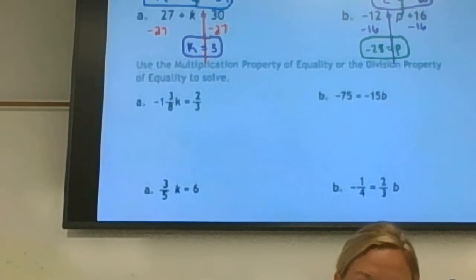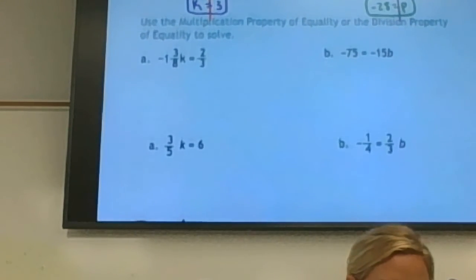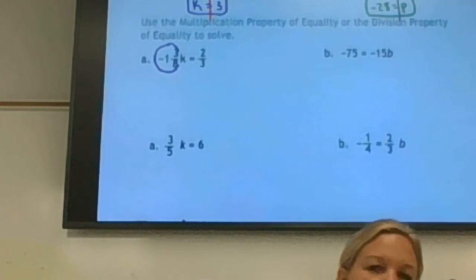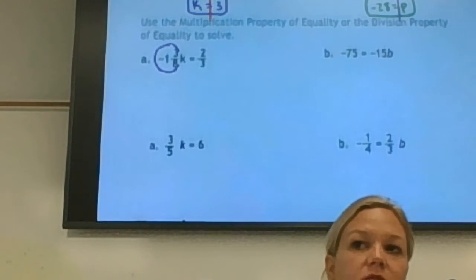Yeah, this one looks way more difficult. So let's rewrite this first fraction as an improper fraction instead of a mixed number.